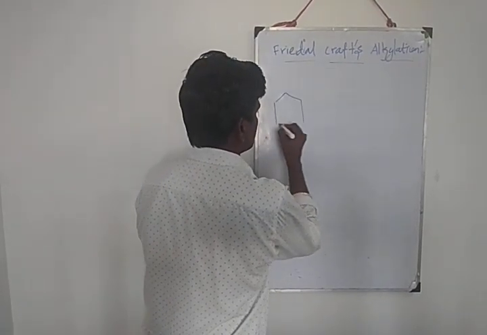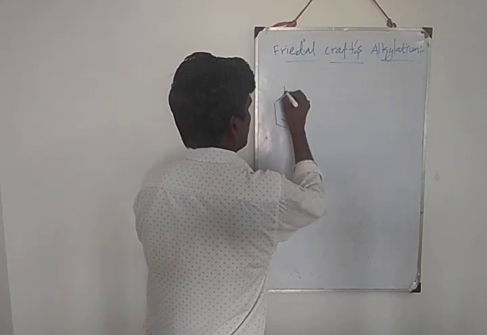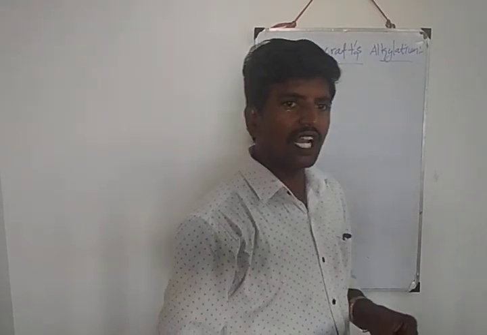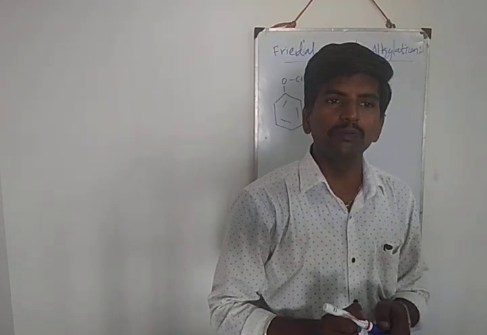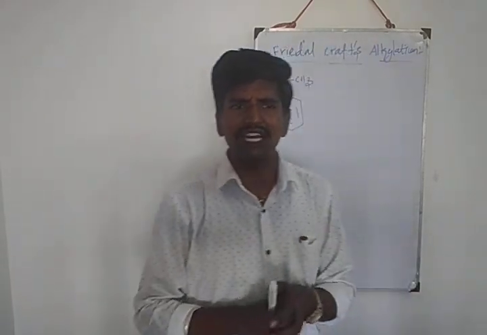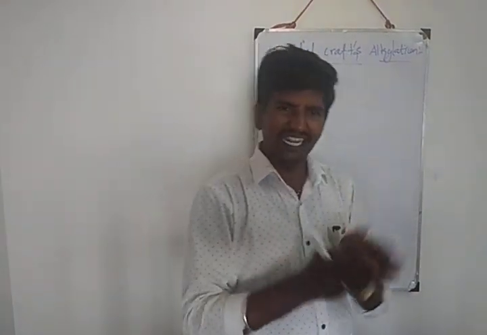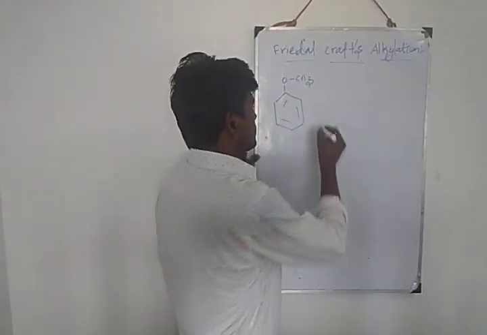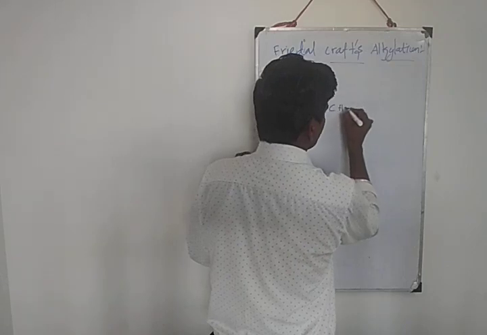Aromatic ether, for example anisole. Am I right? Friedel-Crafts reagent, anhydrous aluminum chloride. What do you mean by alkylation? Addition of an alkyl group, addition of a methyl group is alkylation. That one is called alkylation. Here methyl chloride, CH3Cl.